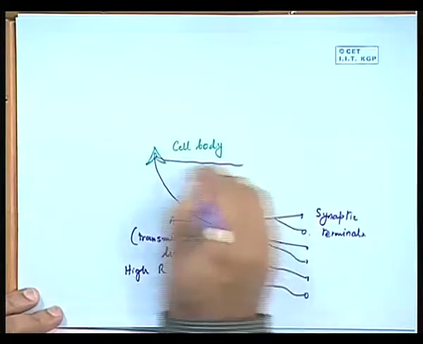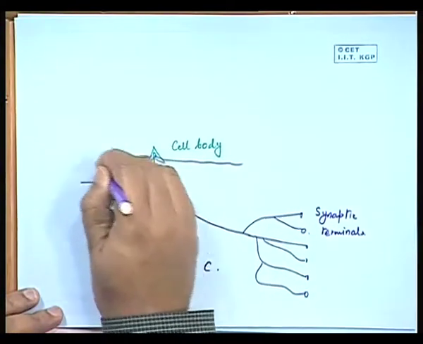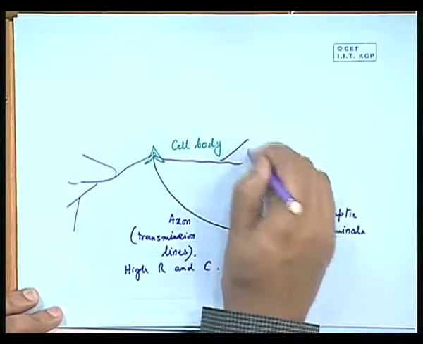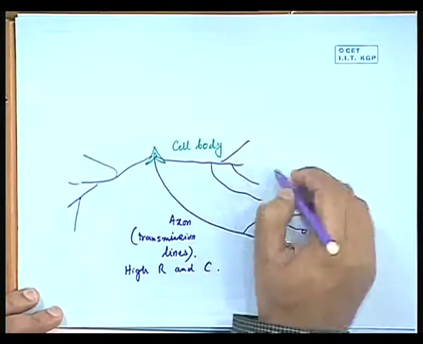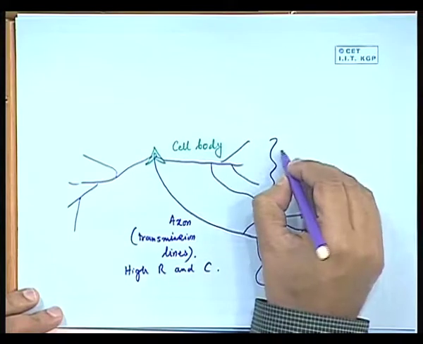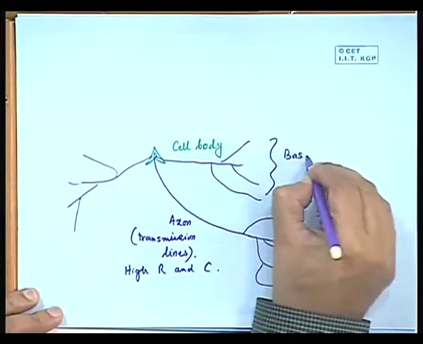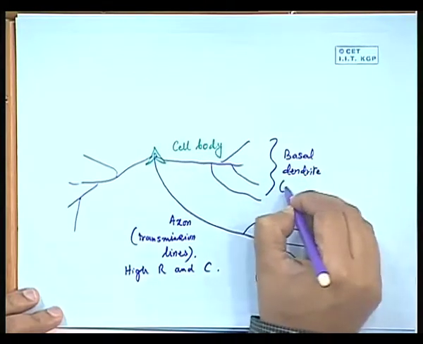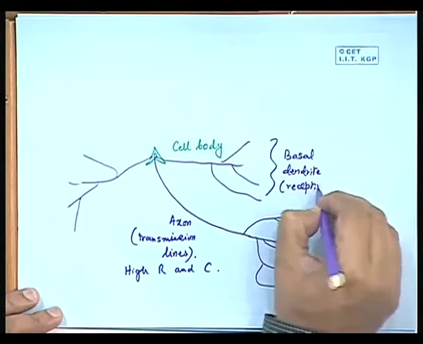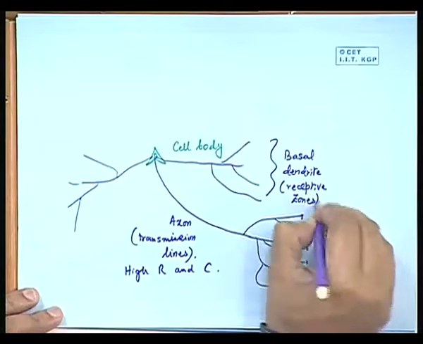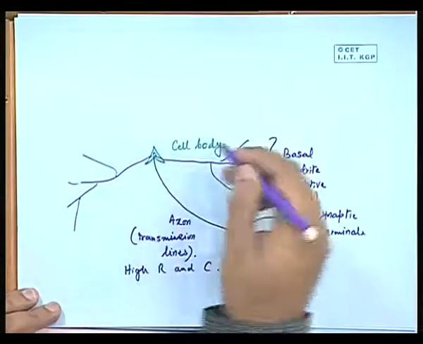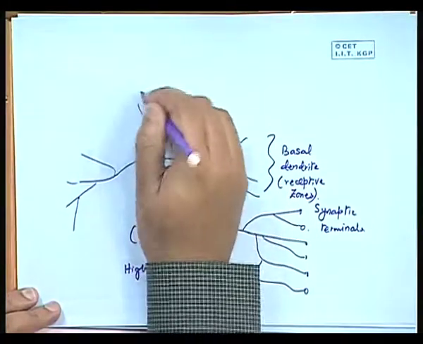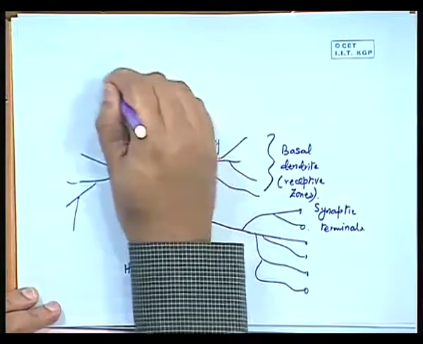And then we have here this referring to the receptive zone, and we call this the basal dendrite, which is basically referring to the receptive zones from which we can get the inputs. So, these are the basal dendrite, and then we have the apical dendrites.